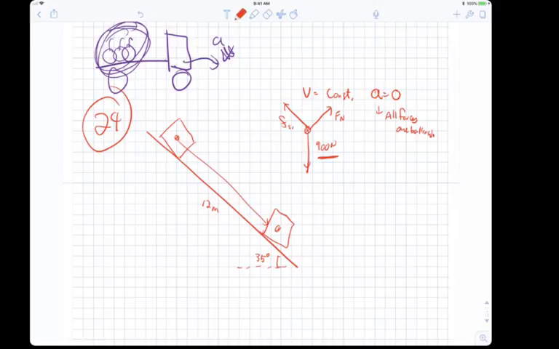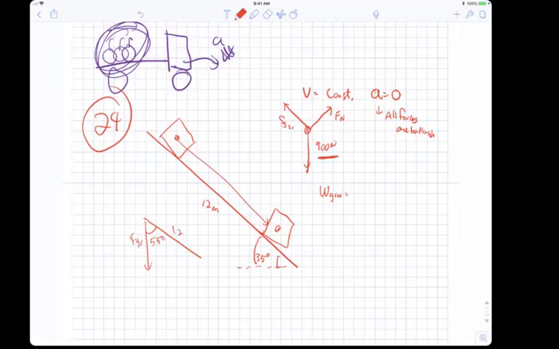Okay, so gravity will do the work. Let's see, what's the angle between them? Delta x is 12. That's the gravity force. What's this angle? This one's 35 degrees, so this one must be 55. Yeah.